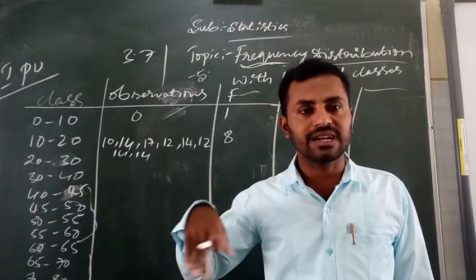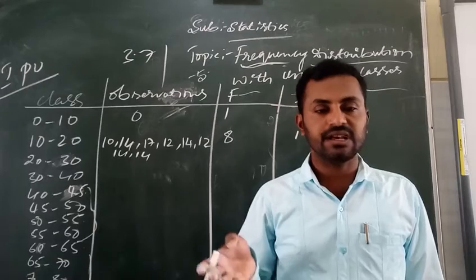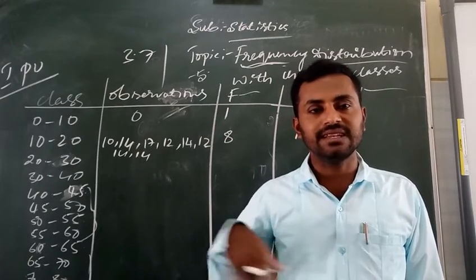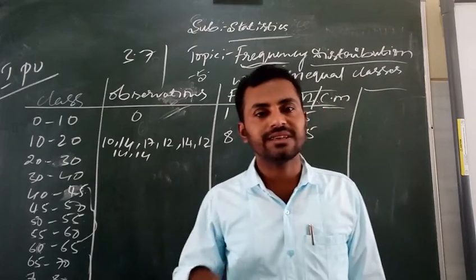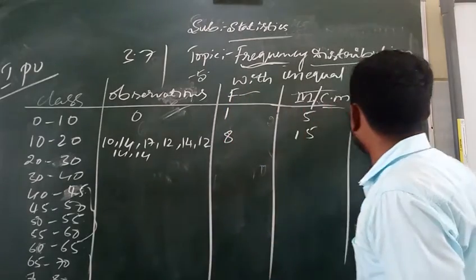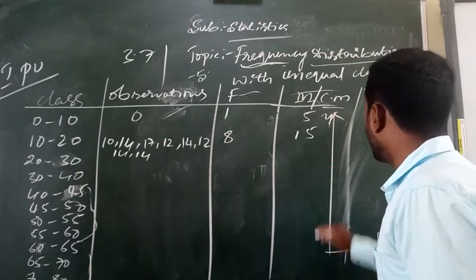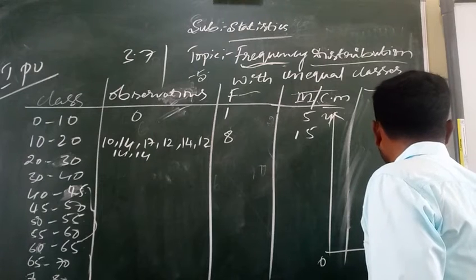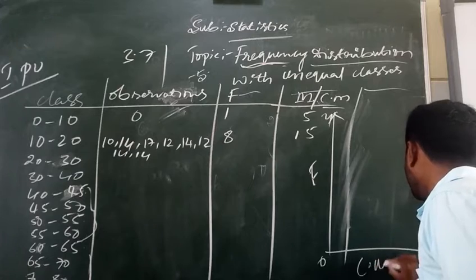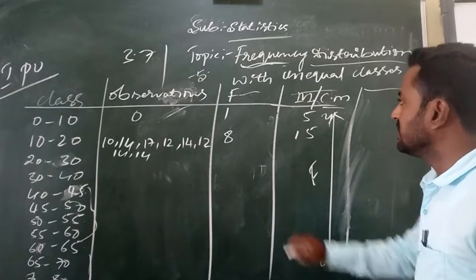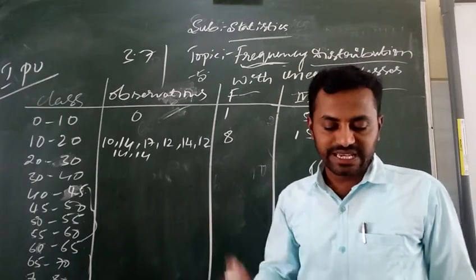We measure the OX horizontal axis, and in the OY vertical axis we measure the frequencies. Then class mark we measure in the OX horizontal axis. Here in the OY vertical axis we measured frequency, and here class mark or midpoint. With the help of the frequency and class mark, we will draw the frequency curve.